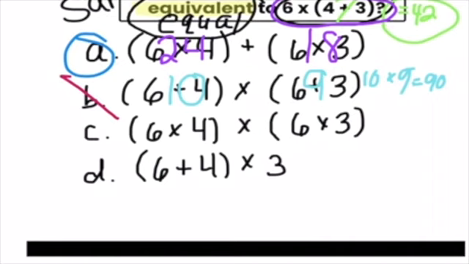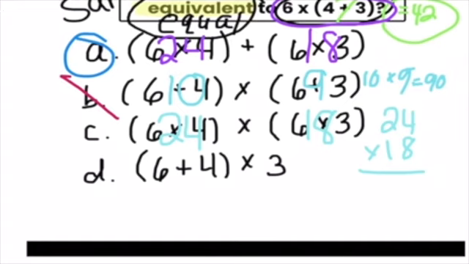Okay, now we are going to look at C. 6 times 4 times 6 times 3. So 6 times 4, again, is 24, and then 6 times 3 is 18. 24 times 18? Oh my goodness, that would be a crazy big number. I know that in 3rd grade, I have not learned yet how to multiply a 2-digit number by a 2-digit number.